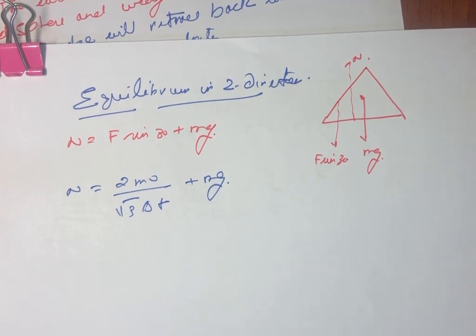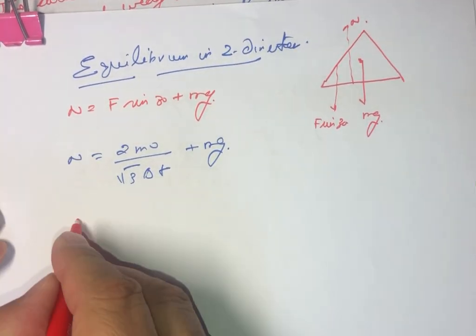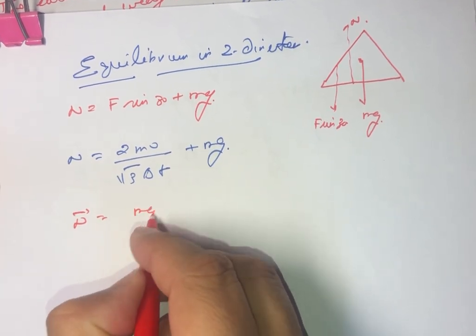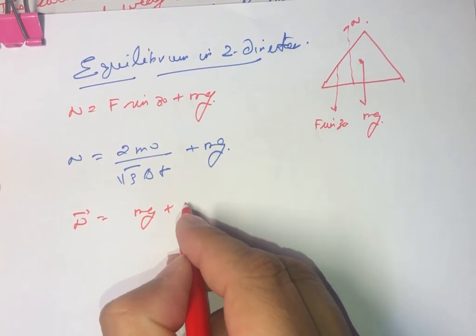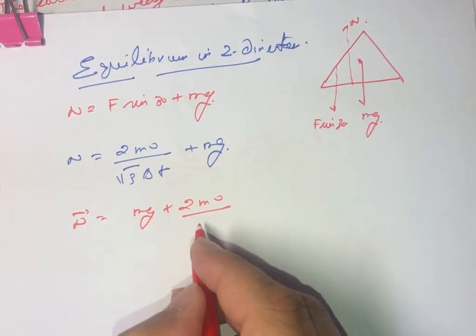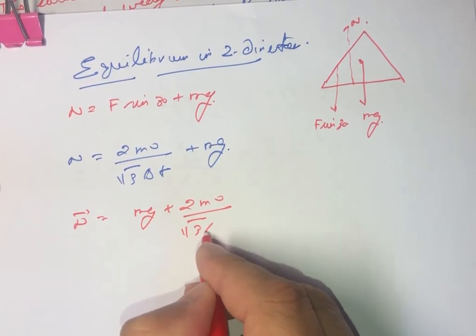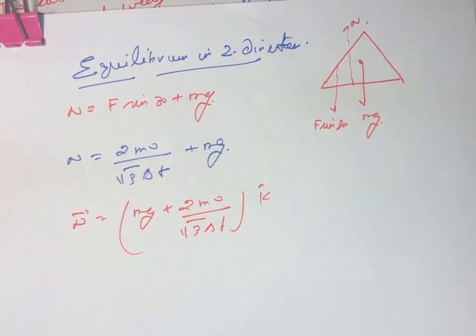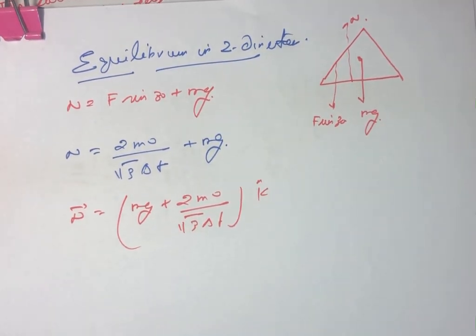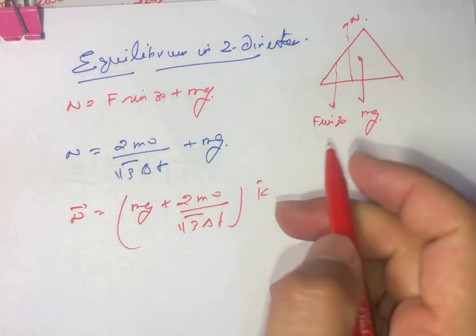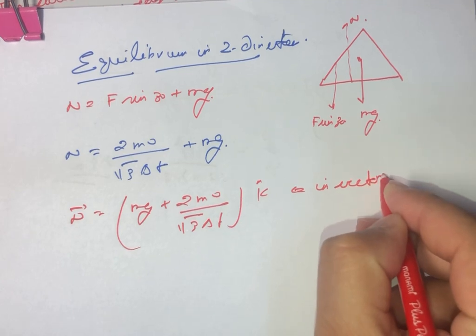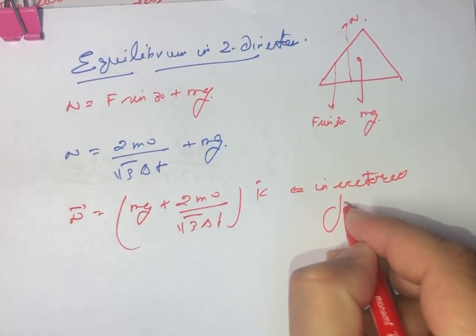We can write it in vector form also. N vector is equal to mg plus 2mv root 3 by delta t, times k vector. This is in vector form.